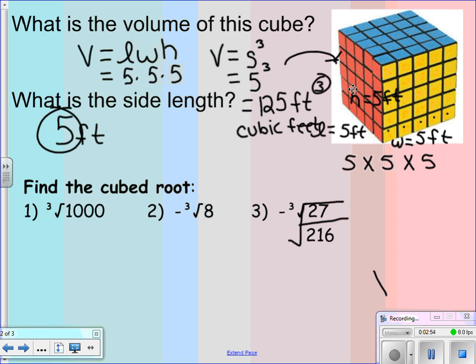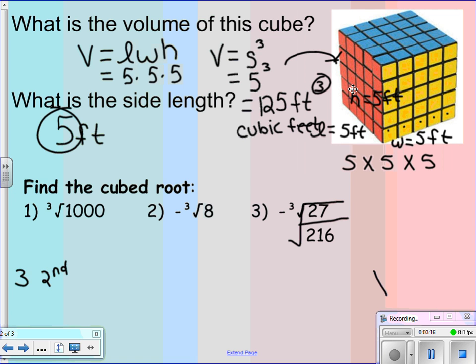Find the cubed root. As far as our thought process is concerned, we're trying to find a number that I multiply by itself 3 times that's going to get to be 1,000. If you are using your calculator, you're going to punch in the number 3. You're going to punch in second.